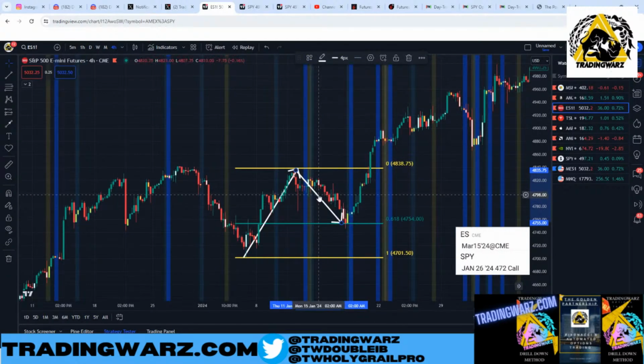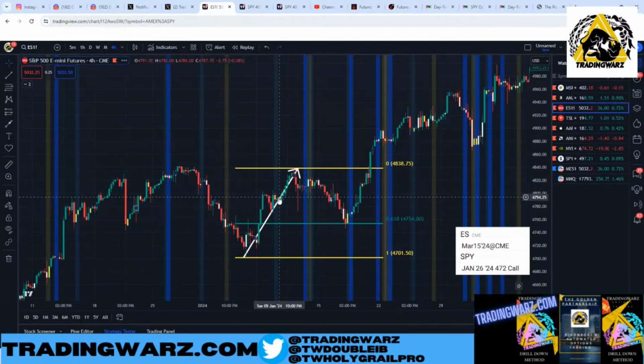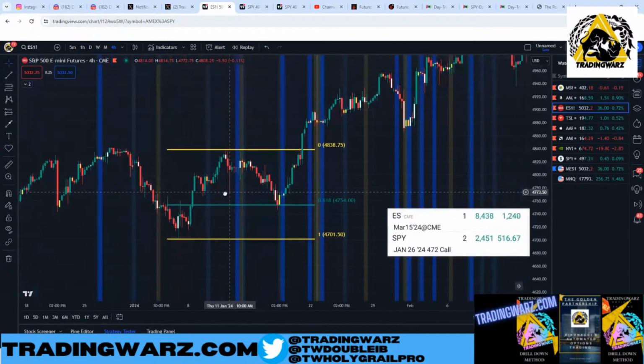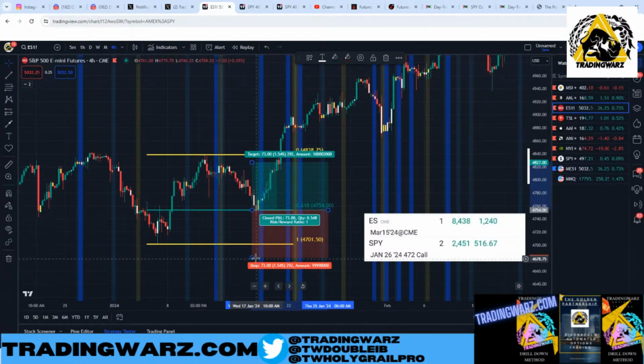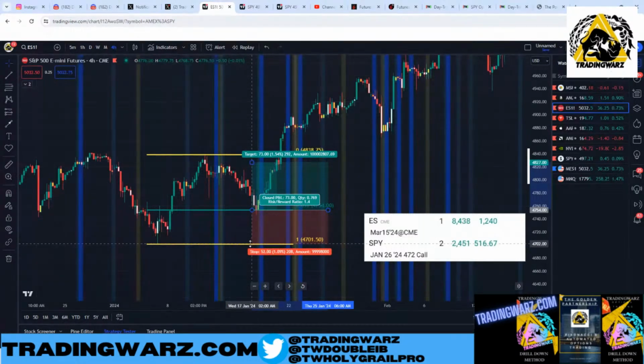So if this is 100%, so this is 100 points, this is about 60 points, okay? And we're waiting for the pullback to take this trade, okay? So I took this trade on the 618, and the normal parameters of taking a 618 is you go long on the level and you put the stop loss at the swing low. So this is the most conservative approach to doing this, okay?